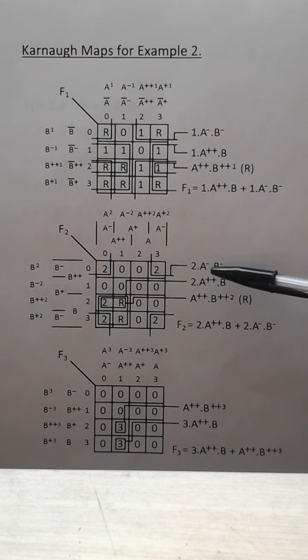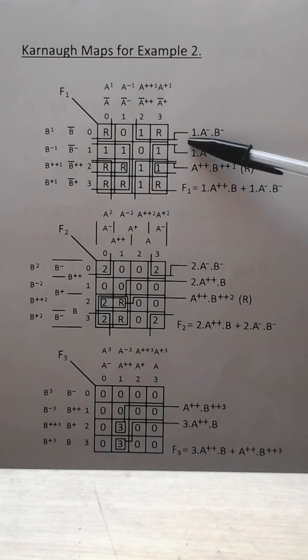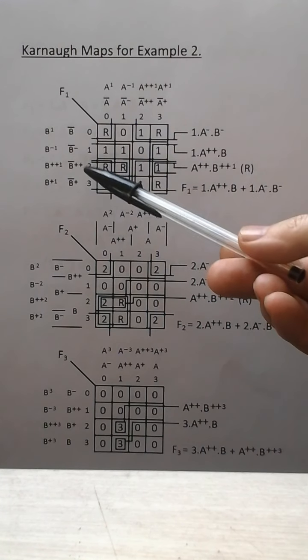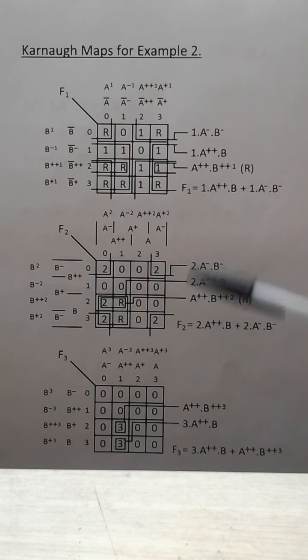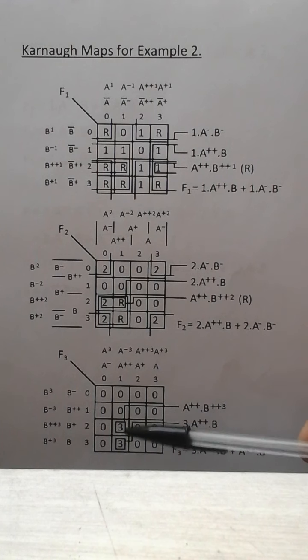So because it appears in F2, it has to appear in F1 as well, but I have to put a 1 in front of the expression there and a 2 in front of the expression there. So for a Karnaugh map F1, again we've covered all the ones from expressions from F3 and F2.